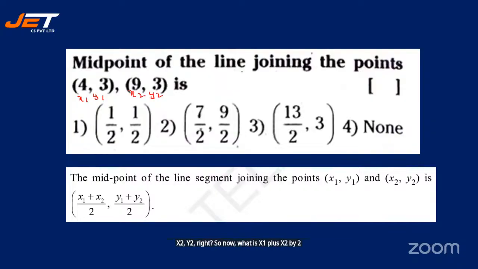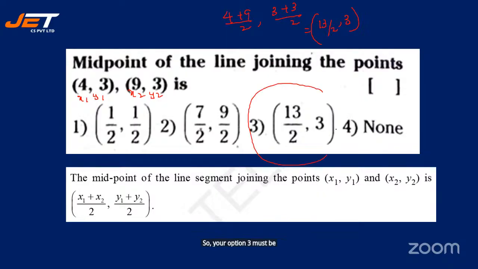It is 4 plus 9 by 2, comma, y1 plus y2 by 2, 3 plus 3 by 2. 13 by 2, and 6 by 2 is 3. So your option 3 must be the correct one. All right? Yes, it is.